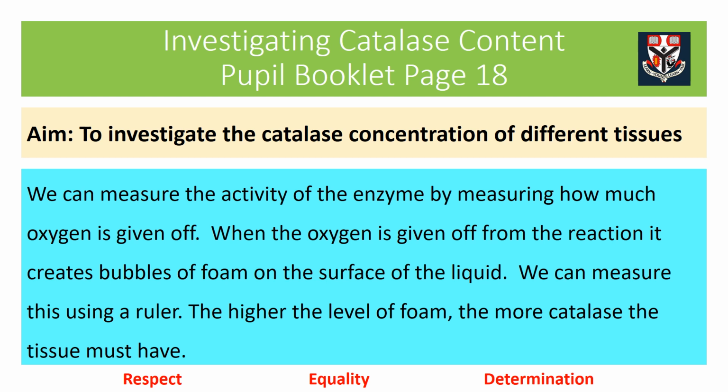We can measure the quantity of oxygen that's given off by the level of bubbles of foam that appear on the surface of the liquid. Therefore, by measuring the height of foam using a ruler, we can identify the rate of a reaction. The higher the level of foam, the more catalase the tissue must have contained.